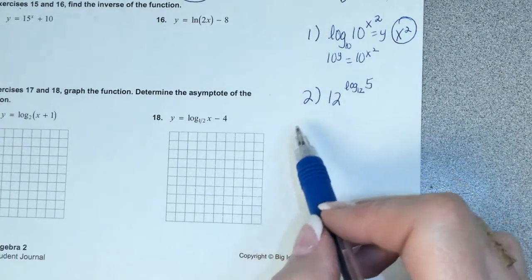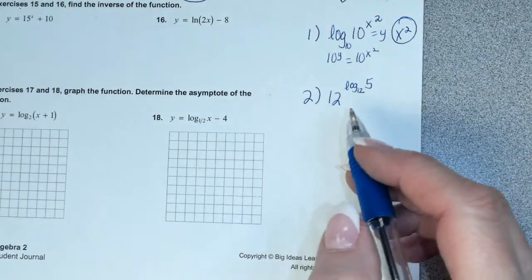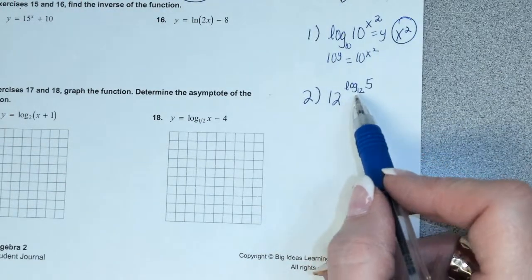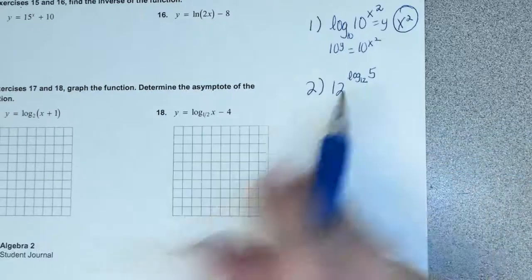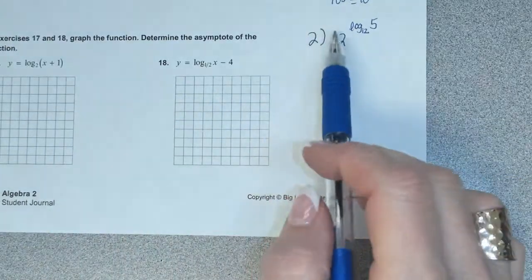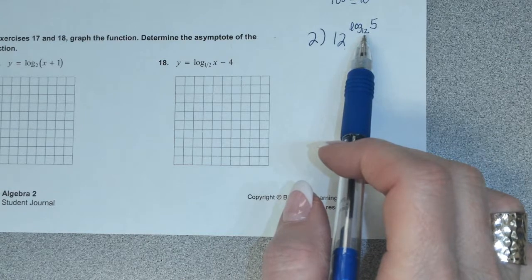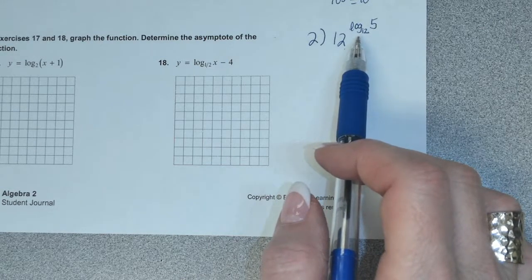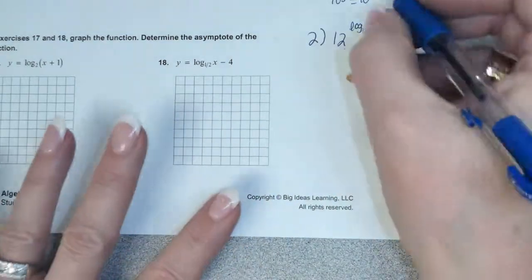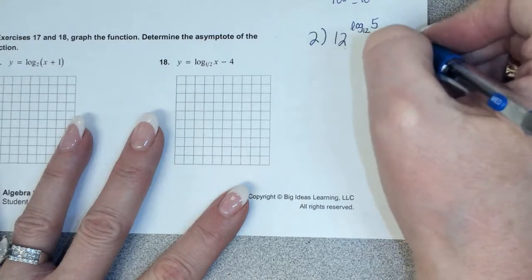All right, what about number 2? Number 2. Sarah, what do you think? Not sure. Anybody think they know? Tori? It is 5. Here's the reason why. On this one, I can say it equals x.